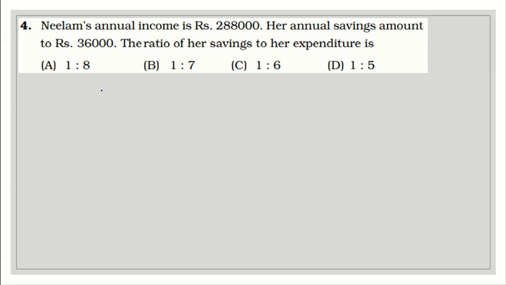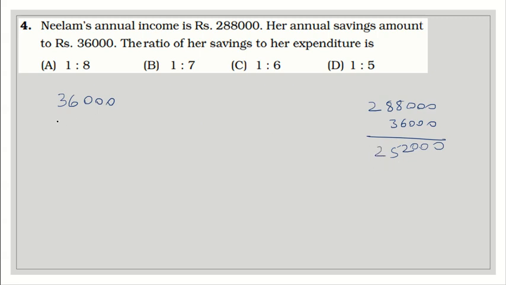Here her savings very clearly I know is 36,000, but how to find her expenditure? 2,88,000 minus 36,000 gives us her expenditure. Why? Because out of her income, if I take away her savings, it gives me her expenditure, which will be 8 minus 6 is 2, 8 minus 3 is 5.